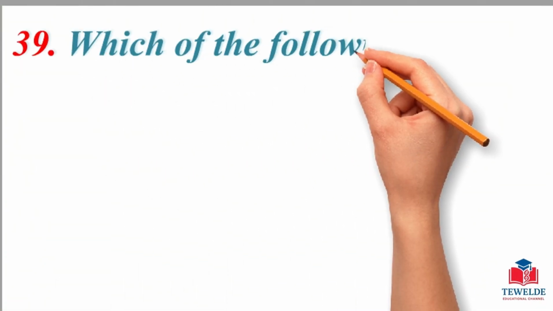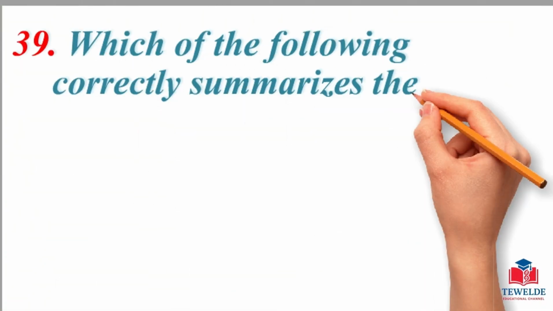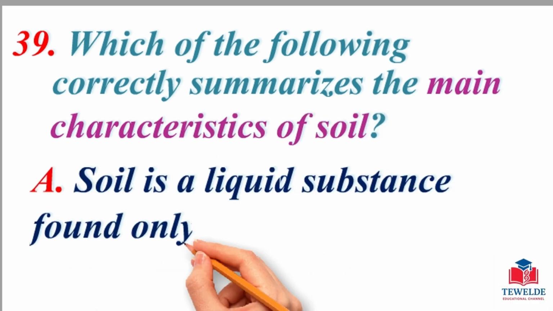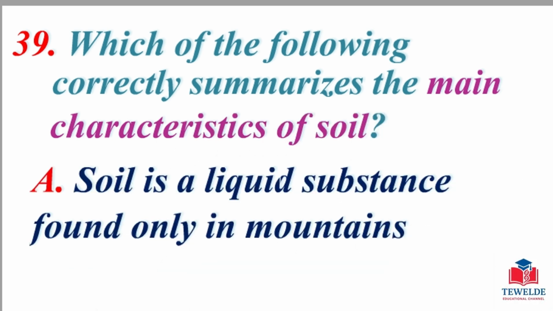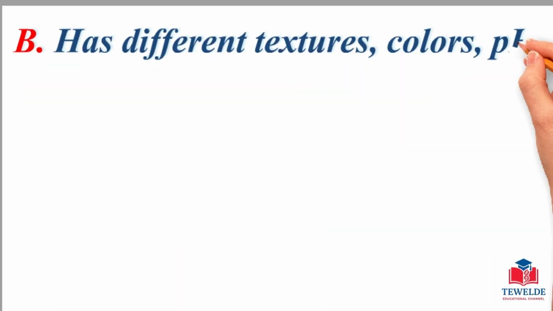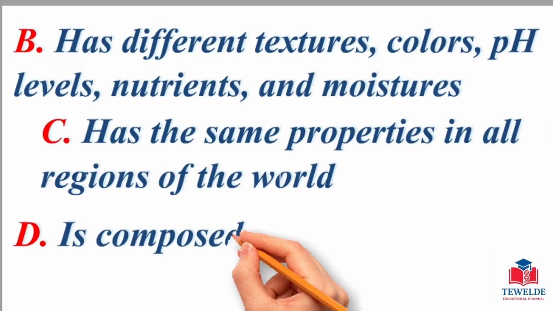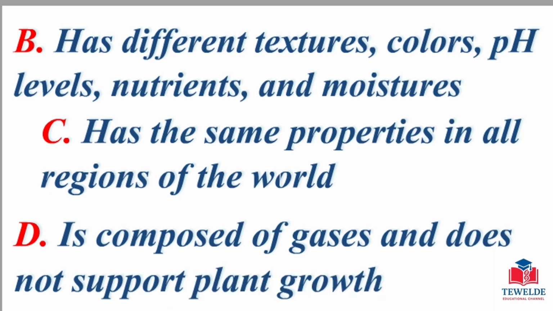Question number 39. Which of the following correctly summarizes the main characteristics of soil? A, soil is a liquid substance found only in mountains. B, has different textures, colors, pH levels, nutrients, and moisture. C, has the same properties in all regions of the world. D, is composed of gases and does not support plant growth.